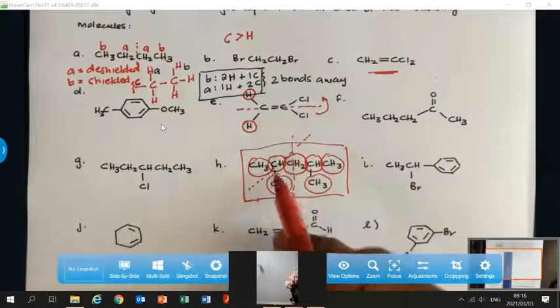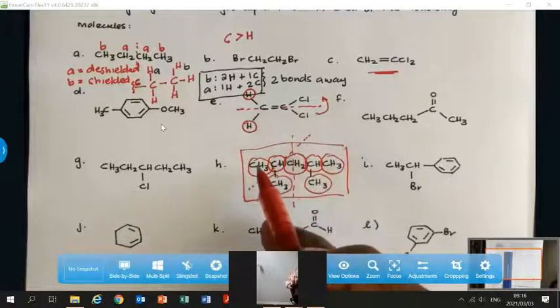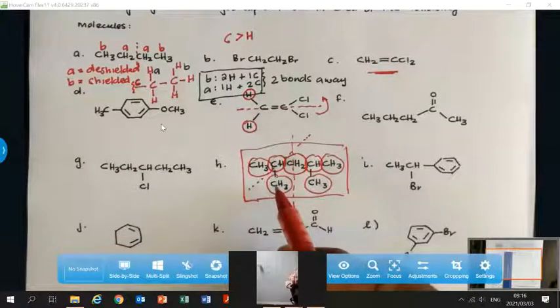So if I'm looking down this axis, this CH3 and this CH3 must be equivalent because I have a CH group here. I can see that this CH3 and that CH3 are equivalent, and this CH and this CH are equivalent.